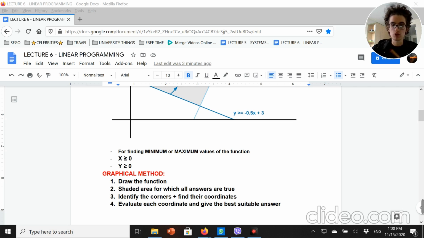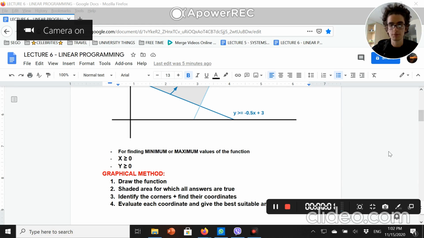First, we draw the function. Second, we shade the area on the graph for which our answers would be true. We identify the corners and find their coordinates, and then we just evaluate which one would be the minimum or maximum depending on what we're asked, and we give the most suitable answer.